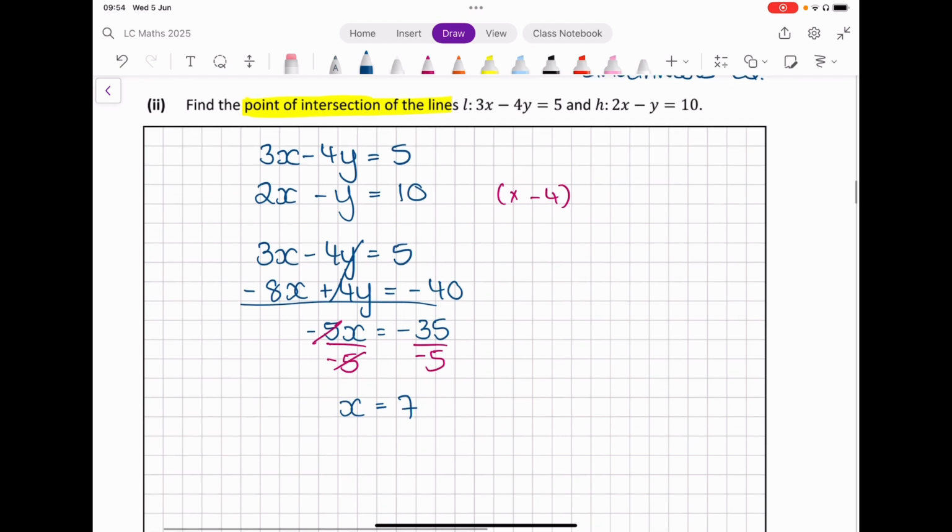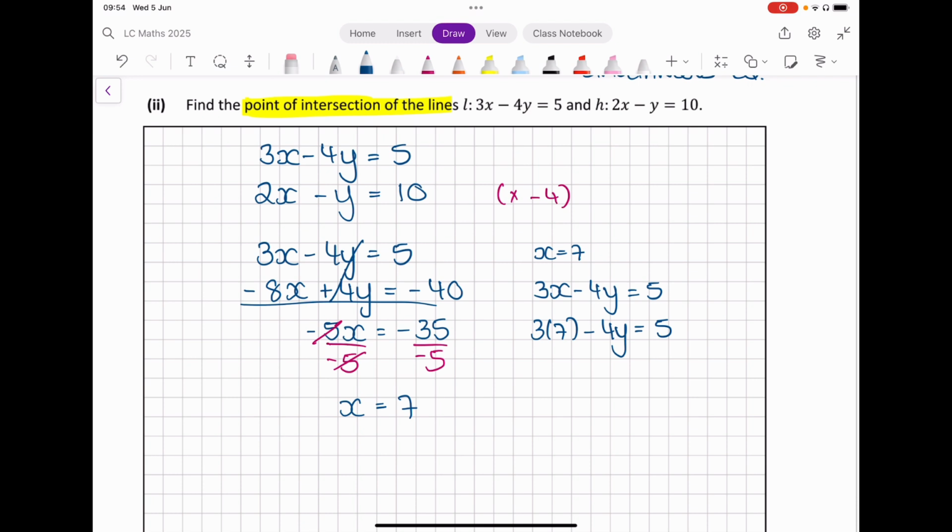Now I'm not finished. I have to sub in and figure out what my y value is going to be. So let's look at the top one. If x is equal to 7, then 3x minus 4y is equal to 5. I just sub in the 7 everywhere I have an x.